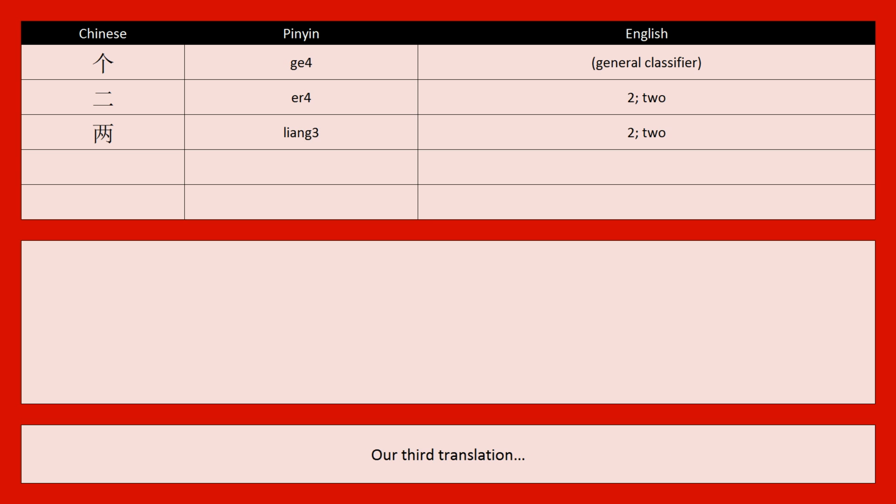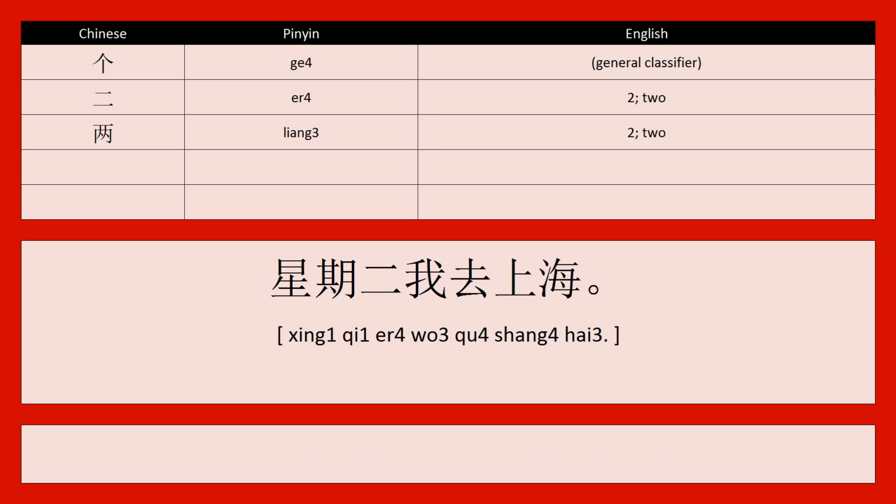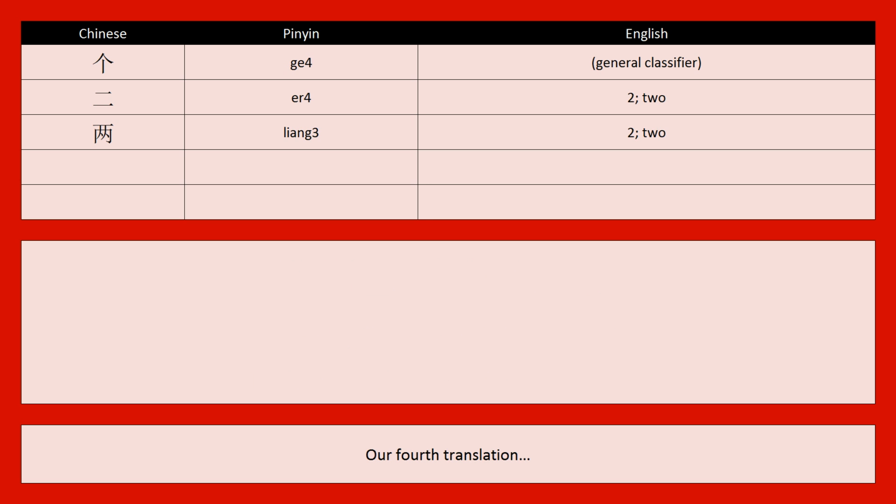Our third translation. 星期二我去上海。 I will go to Shanghai on Tuesday. Our fourth translation.